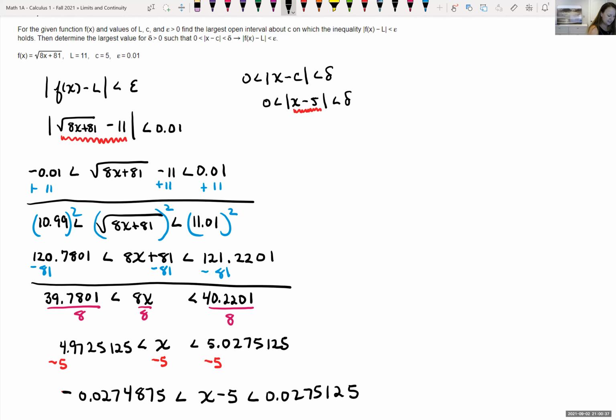So let's look at the absolute value of 5 minus 4.9725125. Let's see if I wrote this down right.